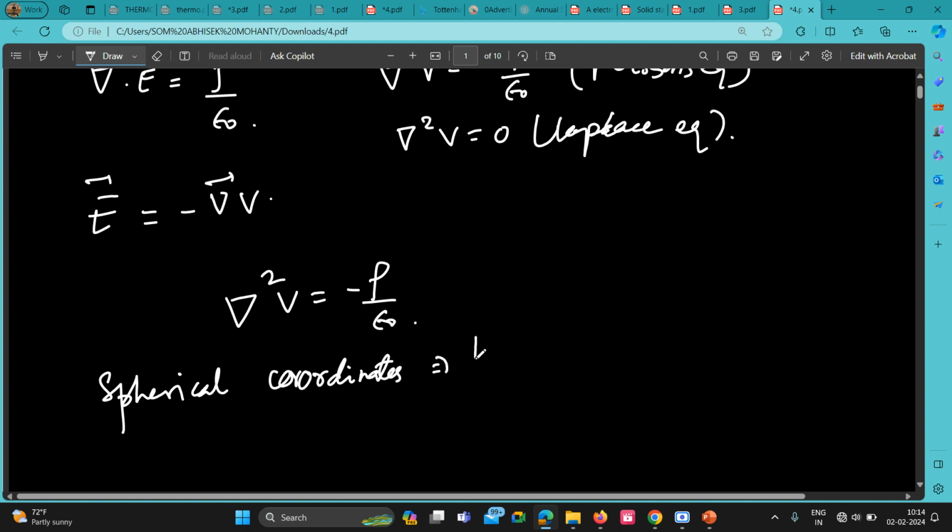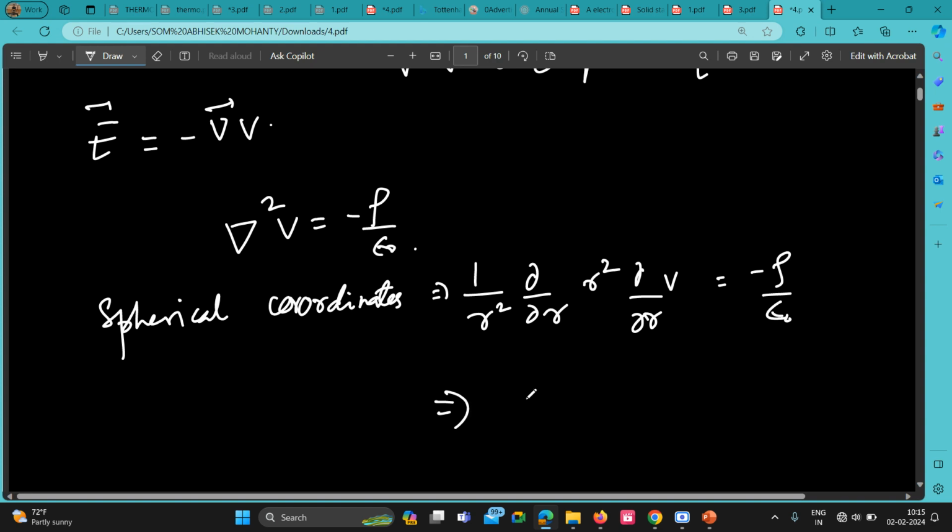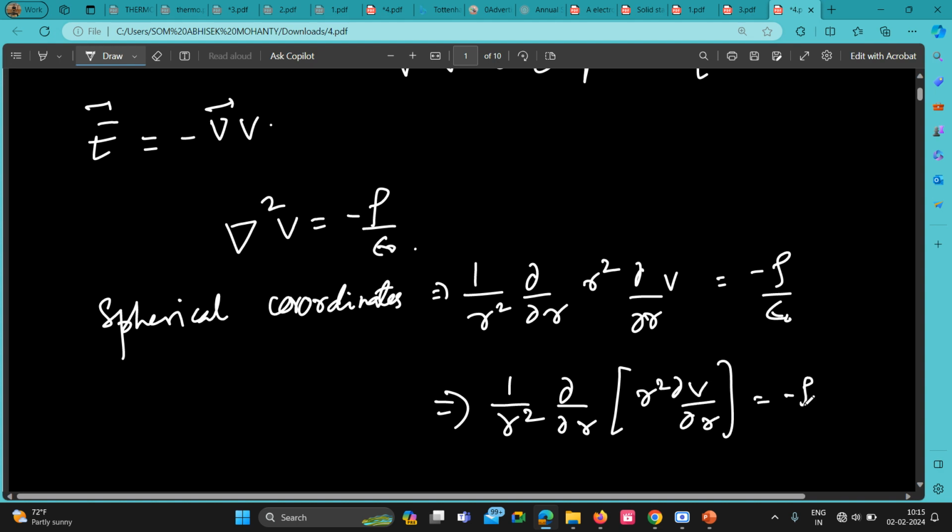It is 1 by r square, del by del r of r square del V by del r, is equal to minus rho by epsilon. Just have to do it this way.